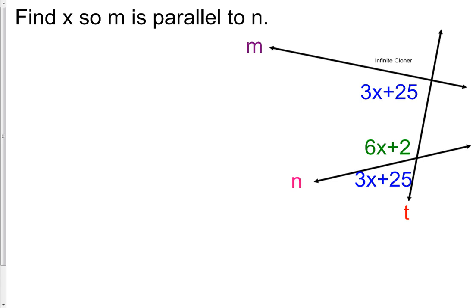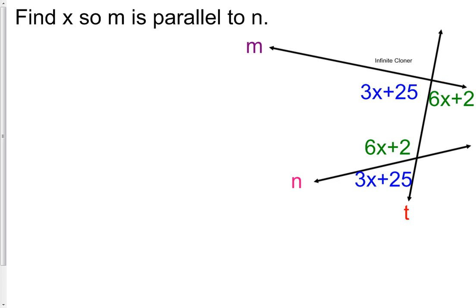If lines are parallel, alternate interior angles are congruent. So this 6x plus 2 and this 6x plus 2 are both alternate interior angles. And again, it would be very easy to see that this 3x plus 25 forms a linear pair with this 6x plus 2. So we could add them up and set them equal to 180.